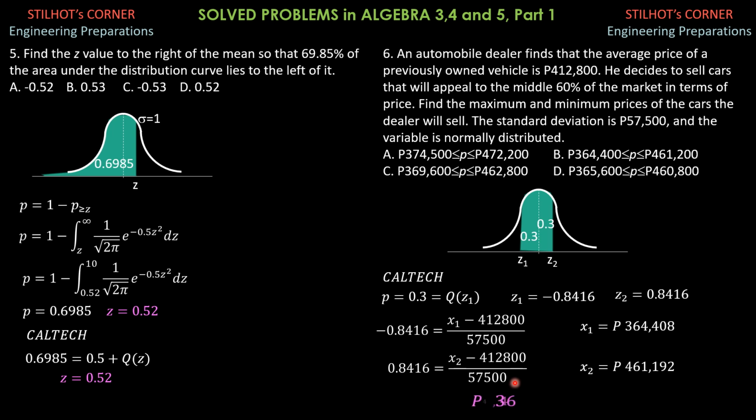So for the final answer, 364,400 pesos less than or equal to x, and x should be less than or equal to 461,200. So that's it for this video, and I hope that you were able to follow, understand the explanations, the calculations, and the techniques.